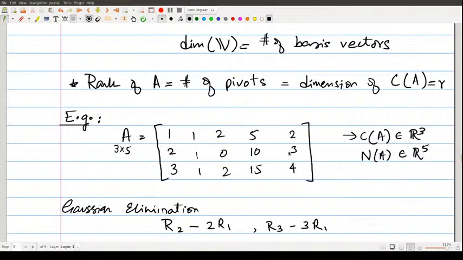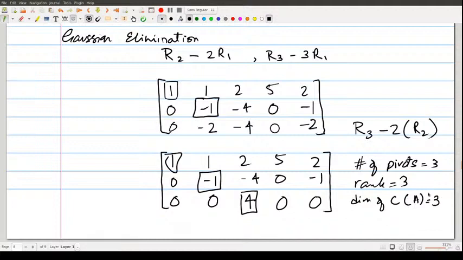Okay? And one way of seeing that is, notice that you were doing row operations on this matrix. When you put it in row echelon form, you can see that these three vectors, the row vectors, are independent. They're independent because if you compare this row and this row, this one has 0 in the first entry and this one has 1.